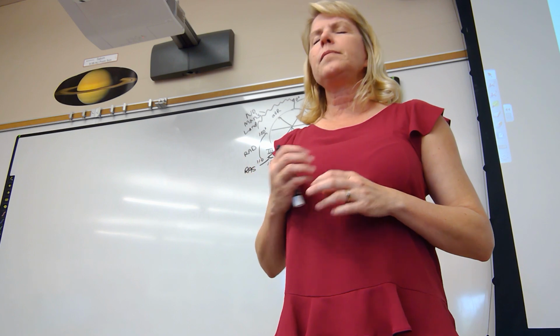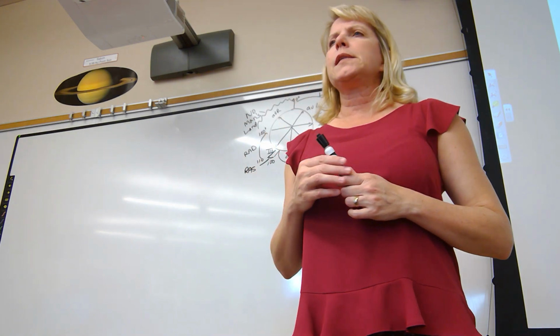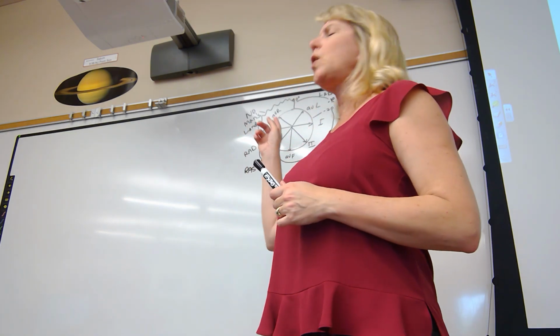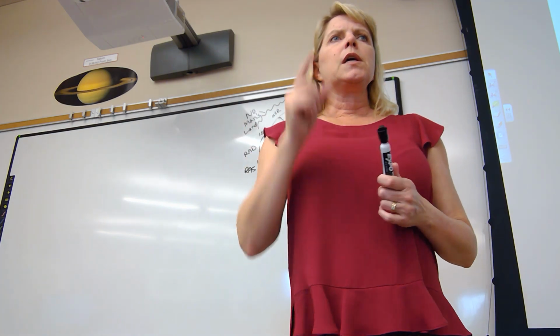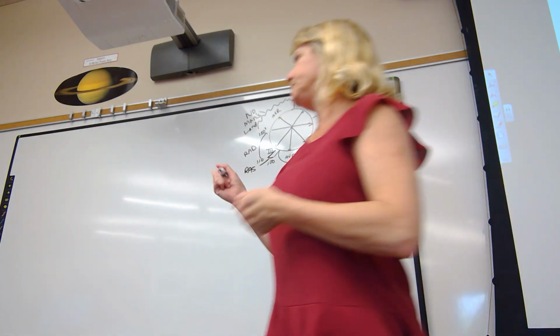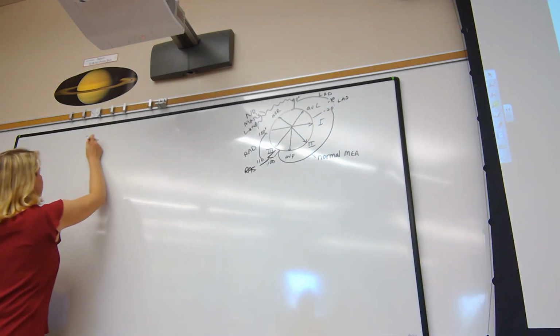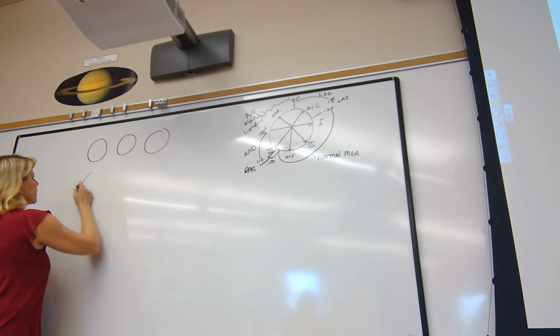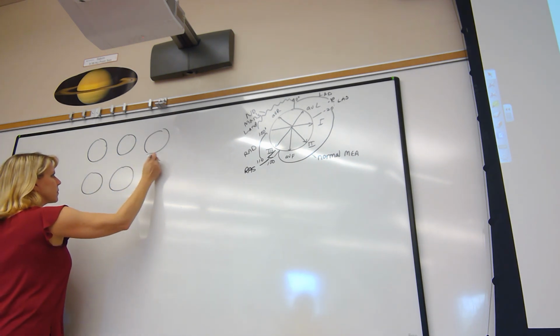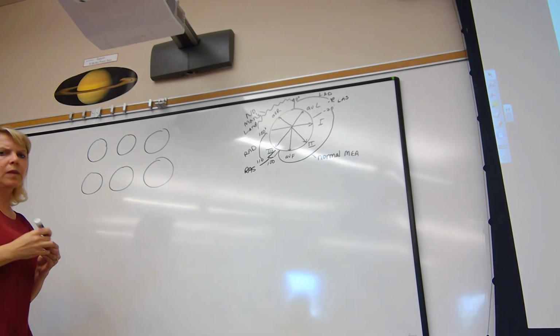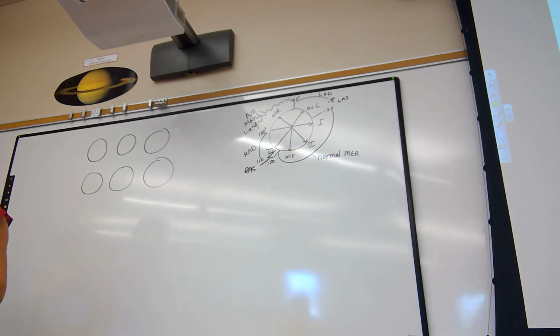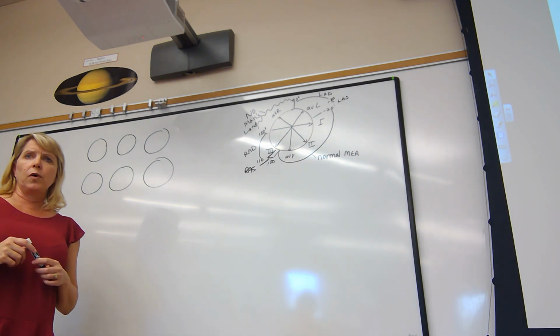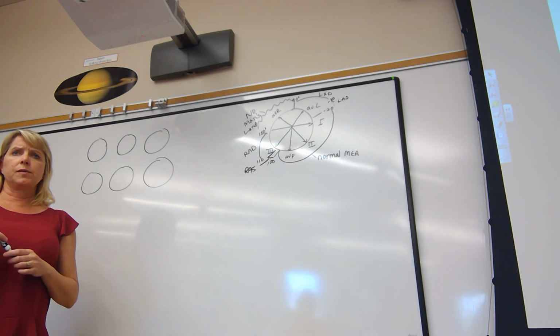Good? Okay. So the next thing I want you to do is please draw 6 circles, 2 rows of 3. Please draw your 6 leads that you're responsible for in those circles.